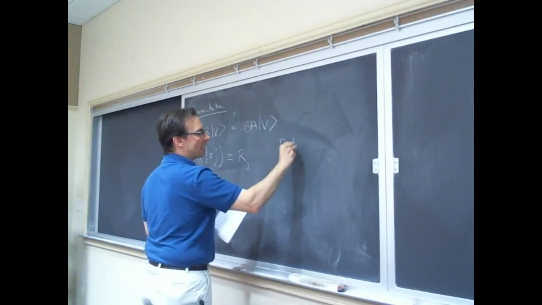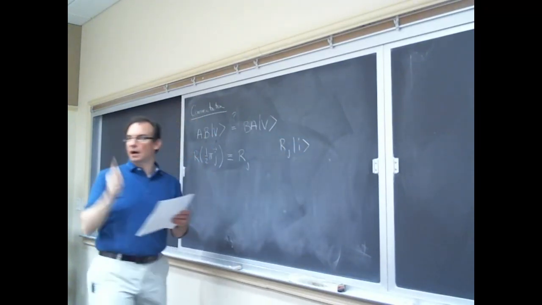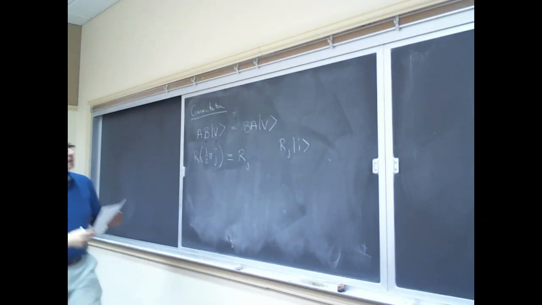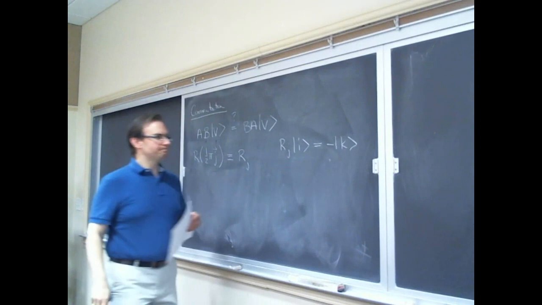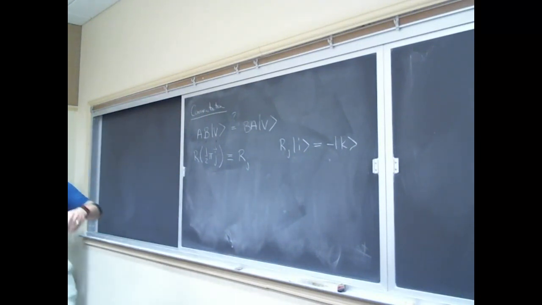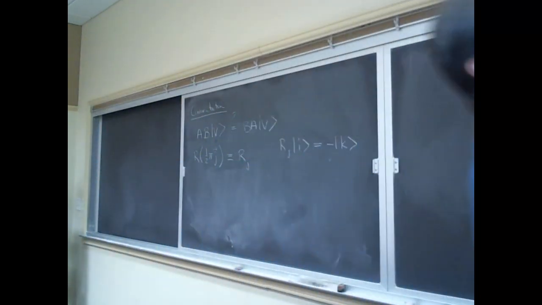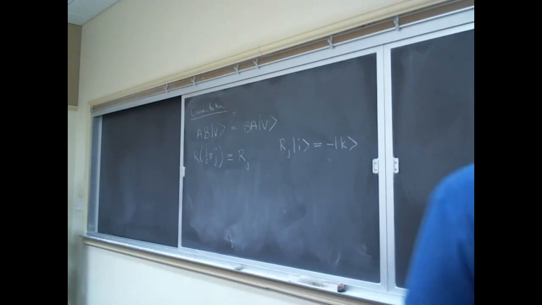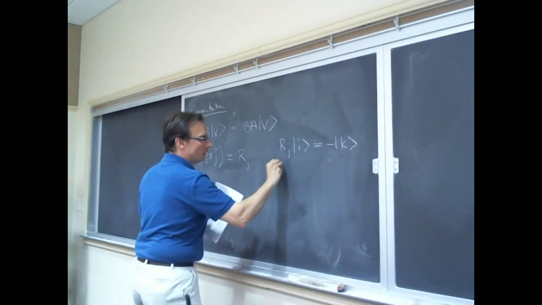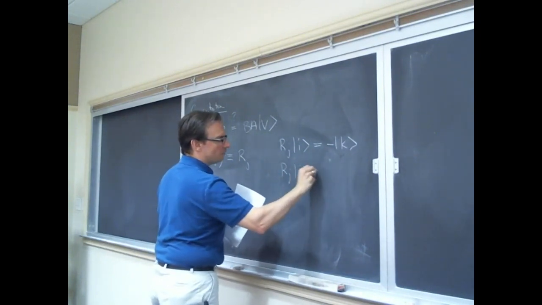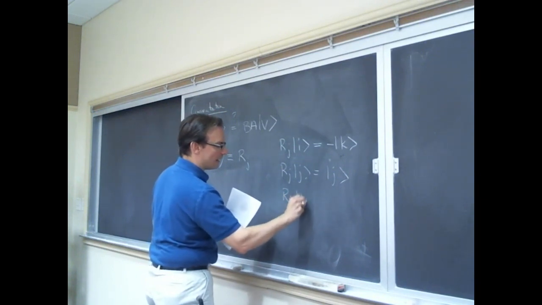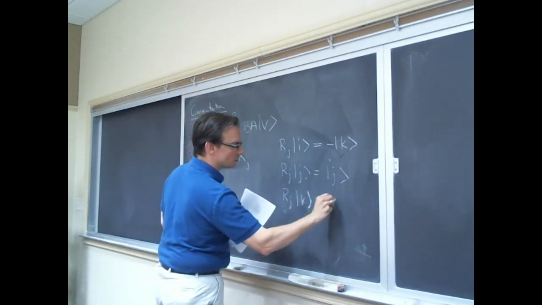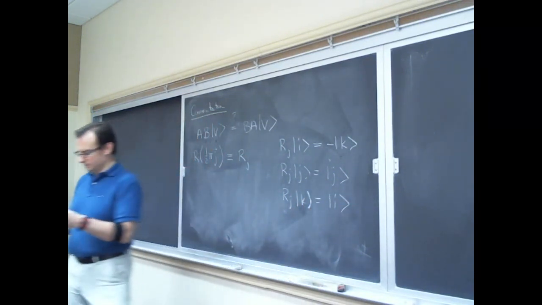Rj acting on the x-axis unit vector gives you negative k. If we rotate counterclockwise around y, x rotates down here and becomes negative z, so negative k. Rj acting on the j vector trivially just leaves it alone, and Rj acting on the k vector yields the i vector.